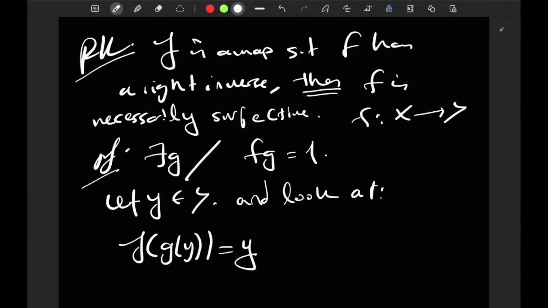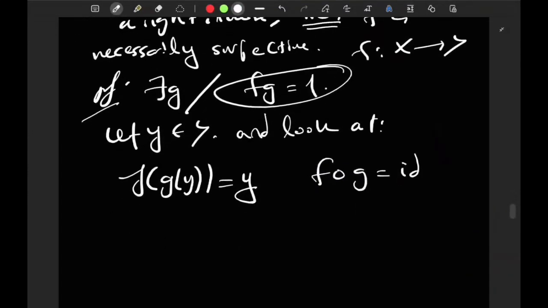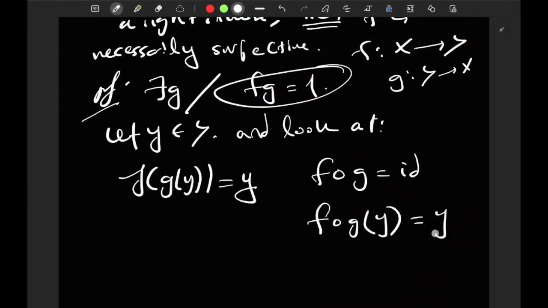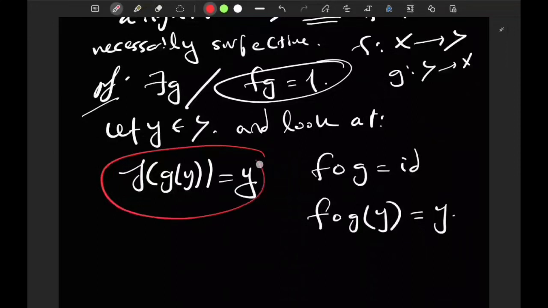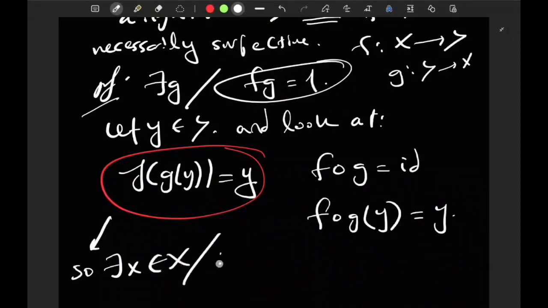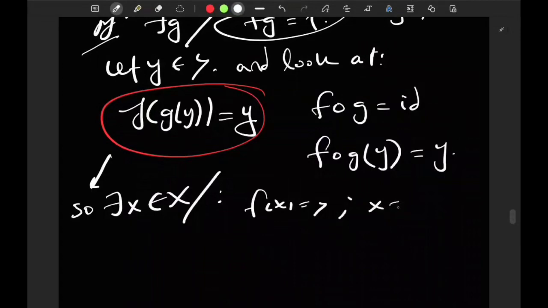Because f around g is equal to the identity, f around g of any element y of Y, of course g is going from Y to X, is equal to y itself. So then f of g of y is equal to y, and this means there exists an x in X such that f of x is equal to y, and x is just g of y.